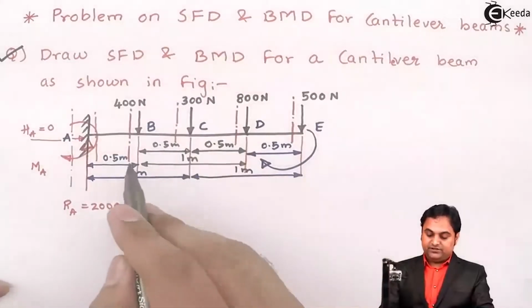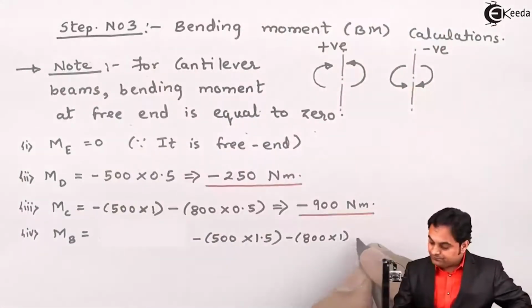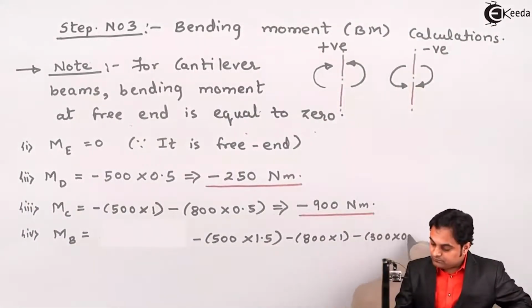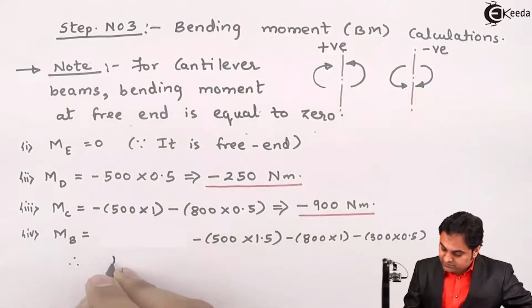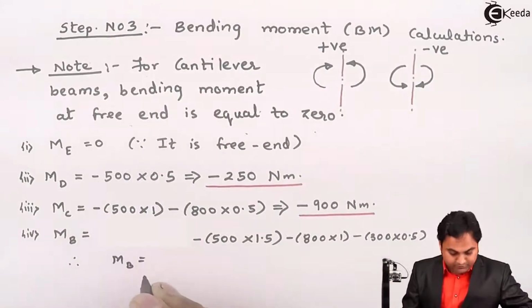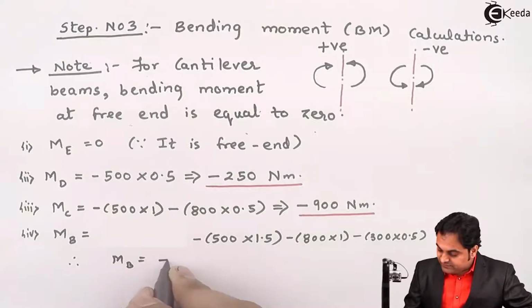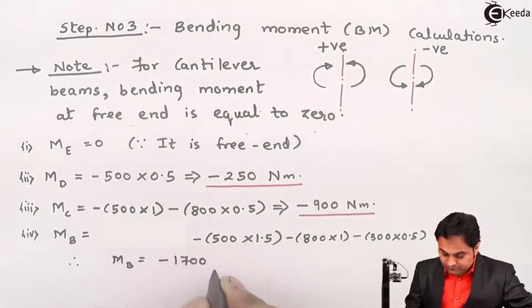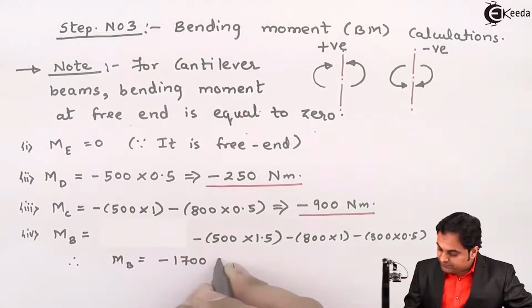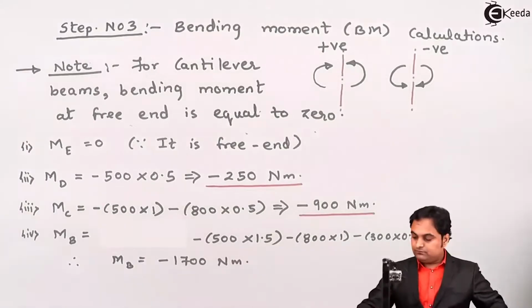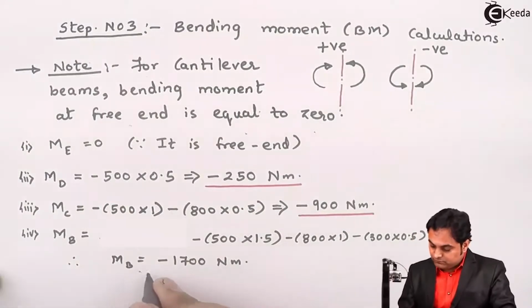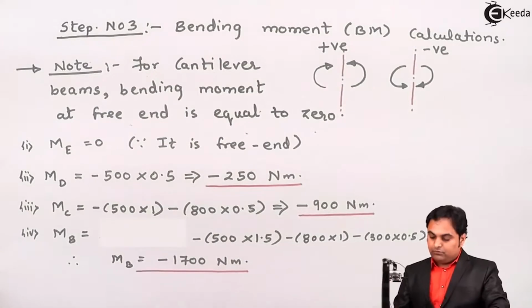Next, minus 300 into 0.5. So from this, I'll get the moment at point B is equal to minus 1700 Newton meter. Moment at B.